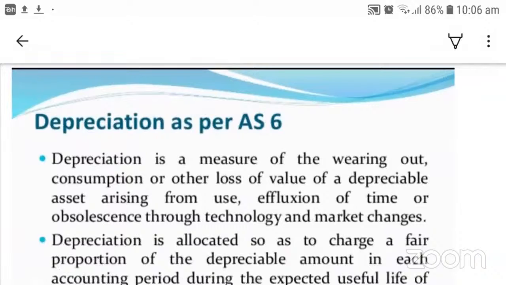As per AS 6, depreciation is a measure of the wearing out, consumption or other loss of value of a depreciable asset arising from use, effluxion of time or obsolescence through technology and market changes. Here, depreciation is how we measure wearing out, consumption or other loss of value of a depreciable asset arising from use.